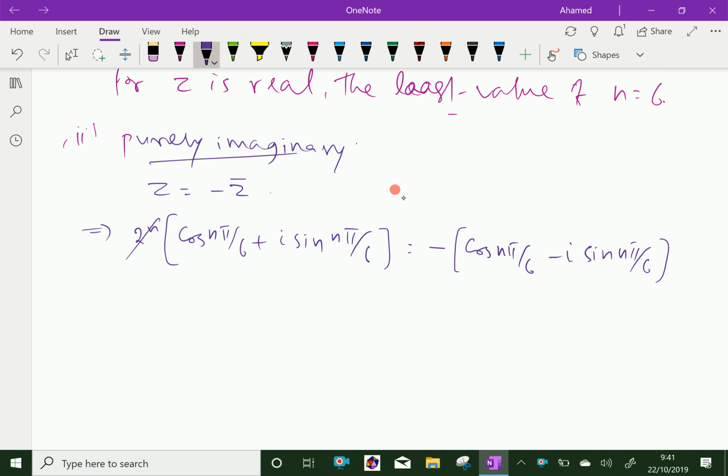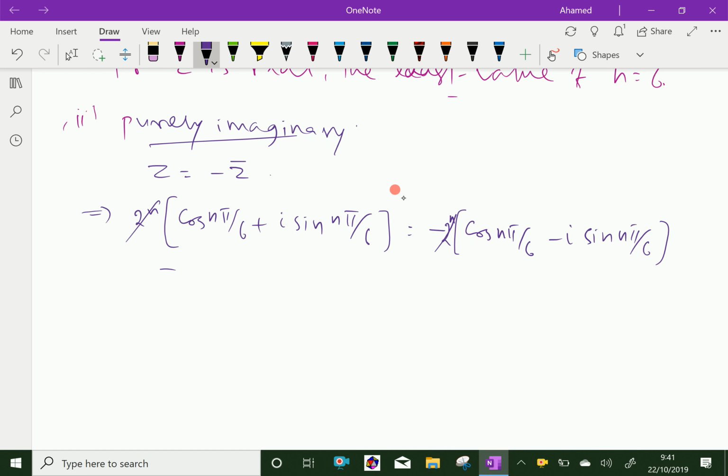Here also 2^n, so 2^n cancels on both sides, which gives cos(nπ/6) + i sin(nπ/6) equal minus cos(nπ/6) plus i sin(nπ/6).